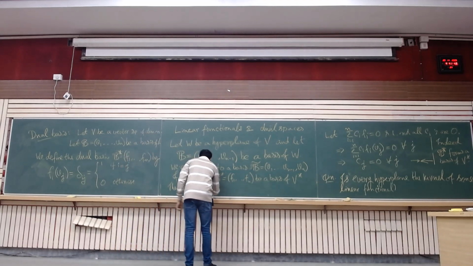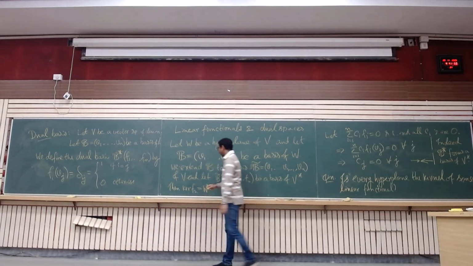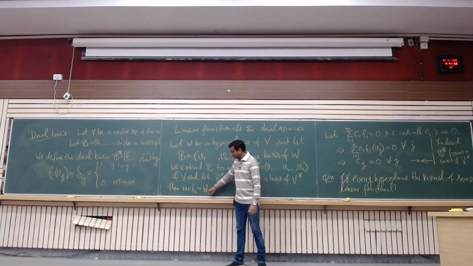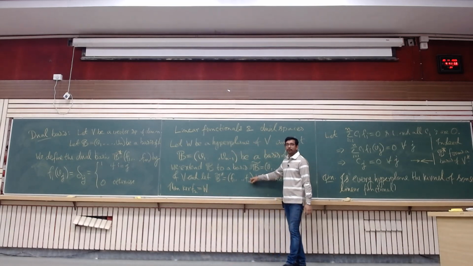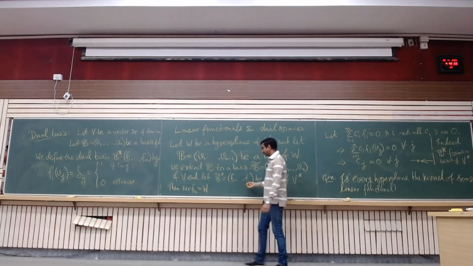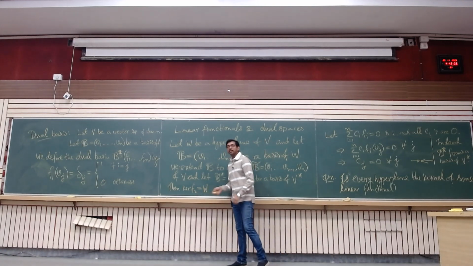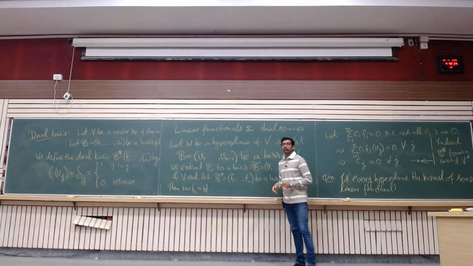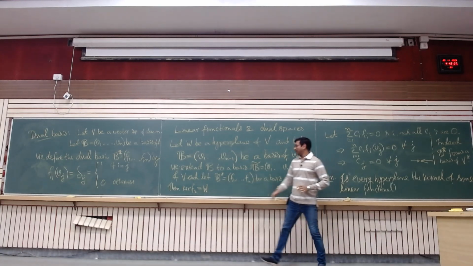So we are trying to show that this is equal to W. Now we know that every element in W is killed by Fn, right? Does it suffice to say that the dimensions are equal?